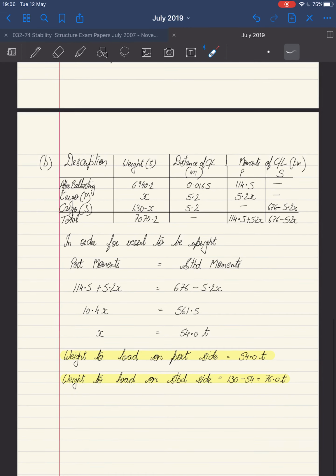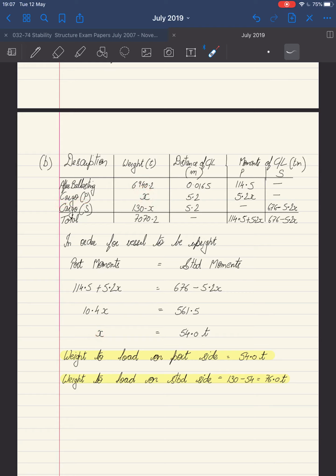When we solve further and take all the algebraic values on the left hand side of the equation and all the numerical values on the right hand side, we get 10.4x equals 561.5, and x we have got as 54 tons. So weight to load on port side is equal to 54 tons, because we have assumed x to be the cargo loaded in port side.